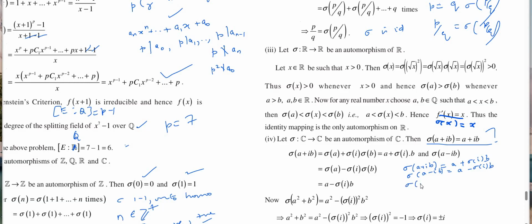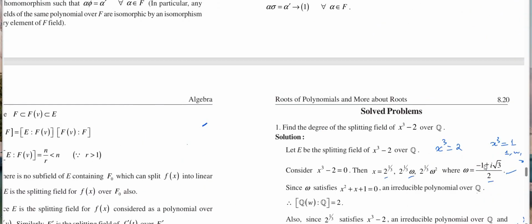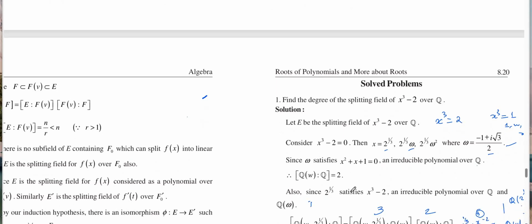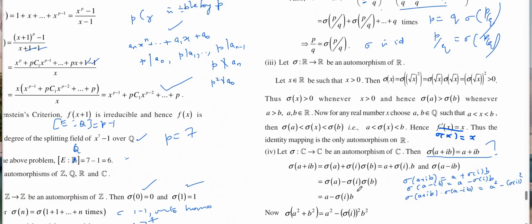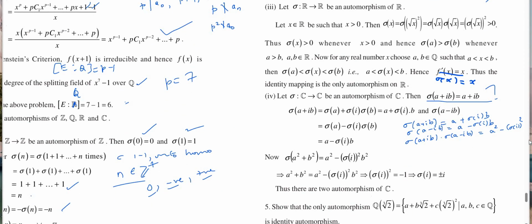So sigma of a + ib into sigma of a - ib gives us a square minus sigma of i the whole square into b square.